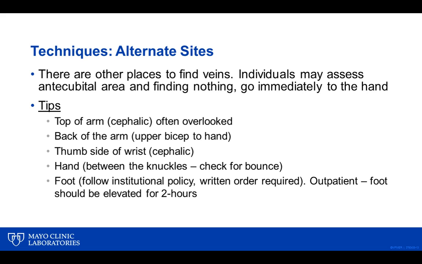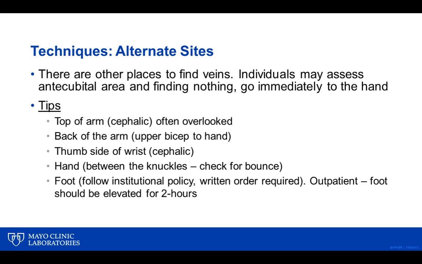To reiterate that, it's very common. I find myself falling into that trap as well. If I don't find anything in the antecubital fossa, I have this tendency to want to go right to the hand. As Danny indicated, we can use the entire arm.